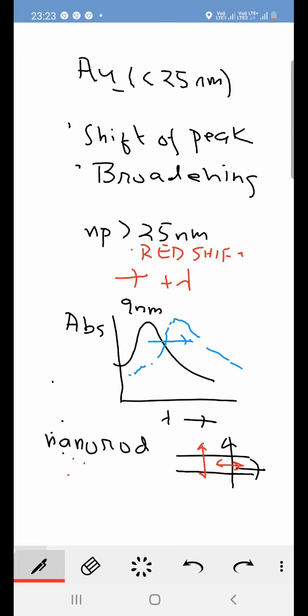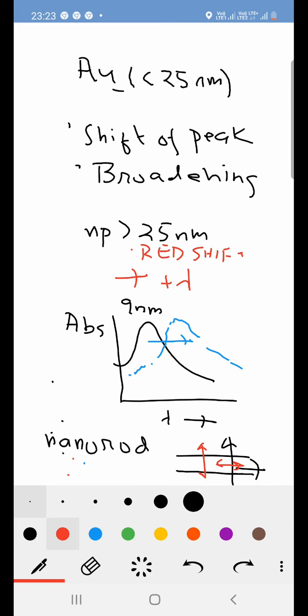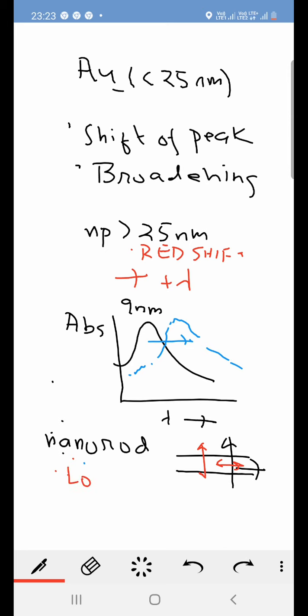So longitudinal and transverse oscillation are the two oscillations that will take place. Due to these oscillations, the absorbance will show two different peaks.